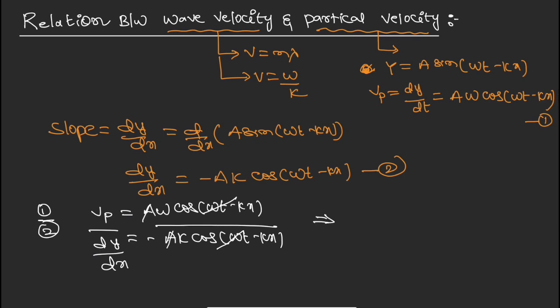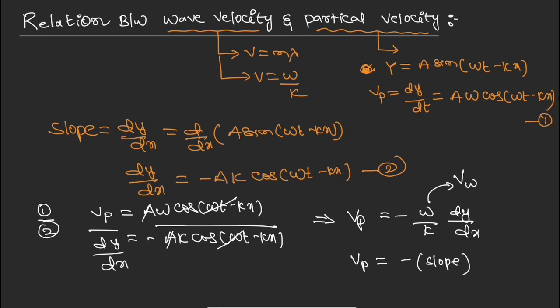So here we can say Vp is equal to −ω by k into dy by dx. You know this is the wave velocity. So particle velocity Vp is equal to the negative slope times the wave velocity; this is the relation.